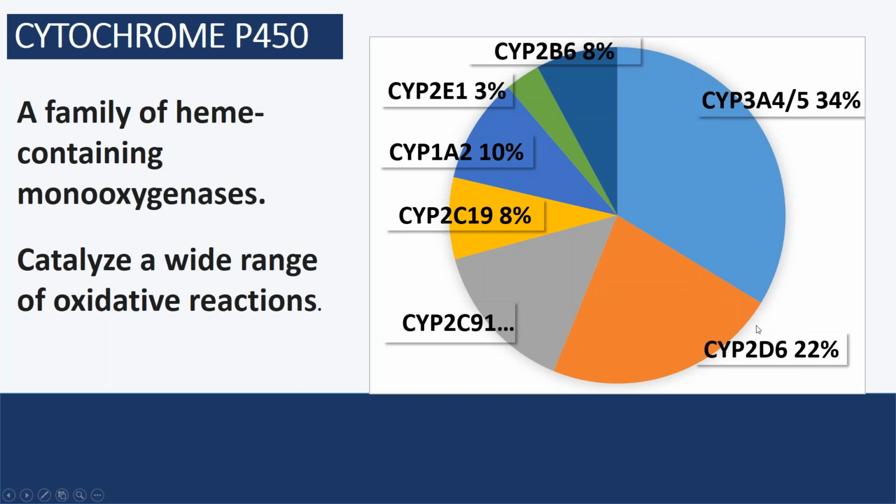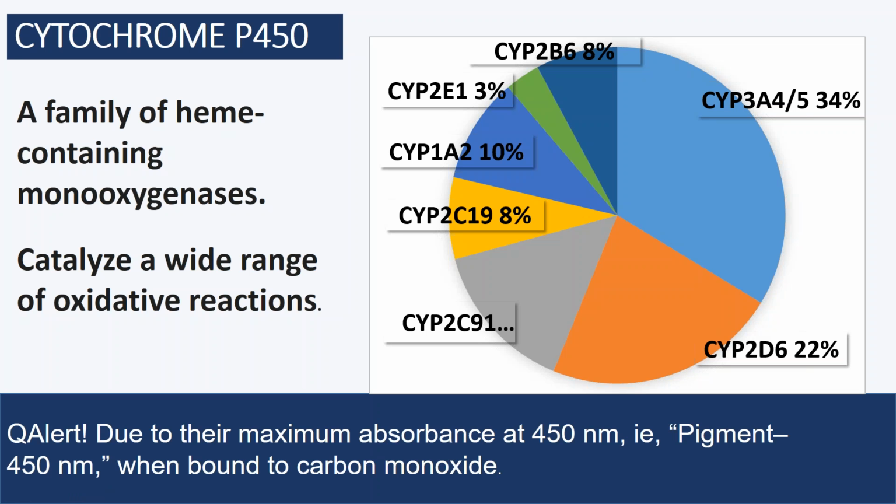Sometimes you wonder how the P450 number came about. Basically, P450 is due to their maximum absorbance at 450 nanometers, a pigment of 450 nanometers when bound to carbon monoxide.